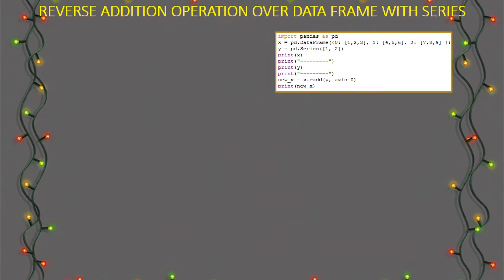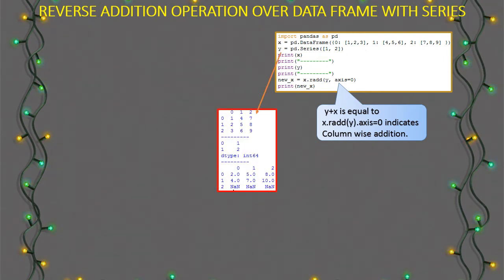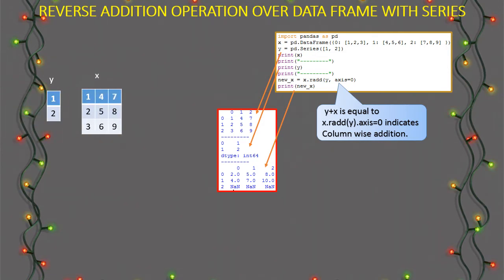And using a series, how do we add data reversely? So x is the data frame and y is the series. The series will be added with x column-wise. Let's see how it works. The y value is 1, 2, 2 rows and only one column, and x contains 3 rows and 3 columns.